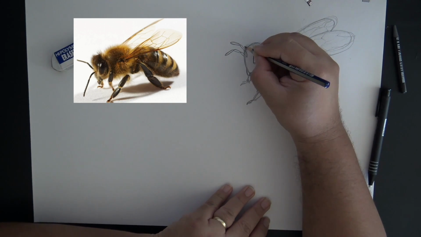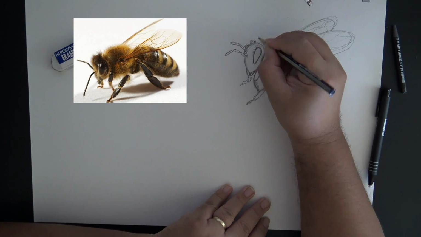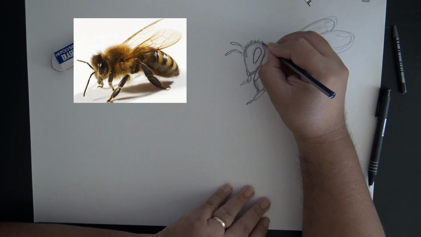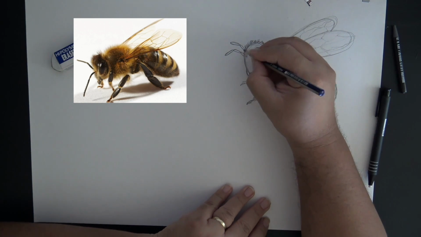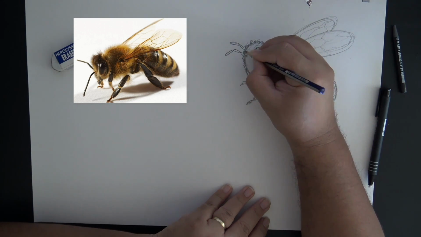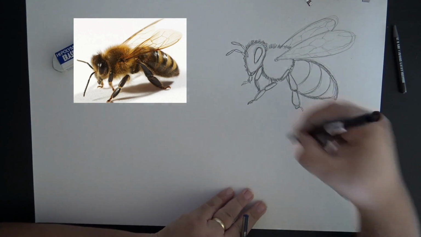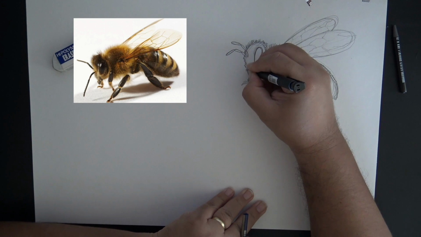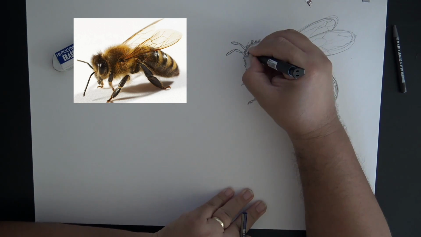And then it also has a little fuzzy head, so I'm going to add these jagged, zigzag lines on the top of the head, on the front of the face, because the face is fuzzy too. And I'm going to erase that smoother line that makes it look more like an ant.